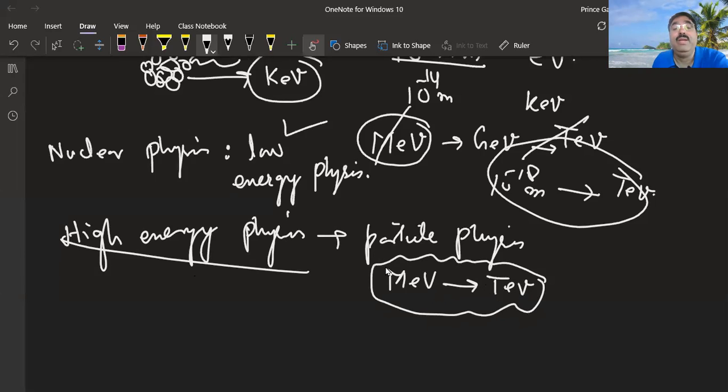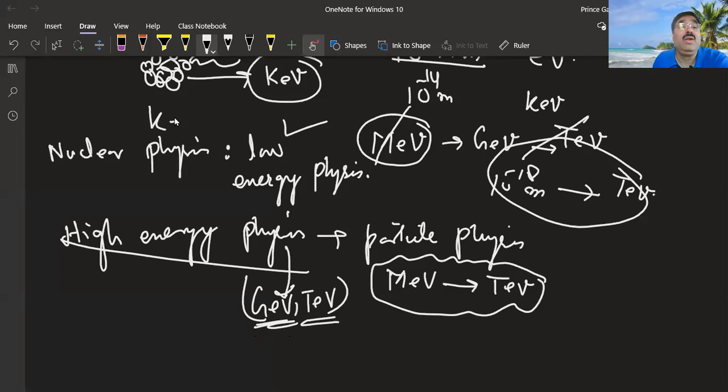Although million electron volt is also relevant to nuclear physics, for particle physics the more relevant range is around giga electron volts and TeV. When you talk about high energy particle physics, it is giga electron volts and tera electron volts. In nuclear physics, it is kilo electron volts and million electron volts. But still, that is low energy as compared to high energy physics.